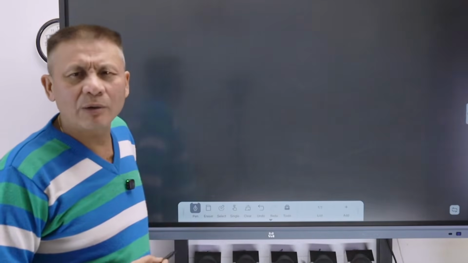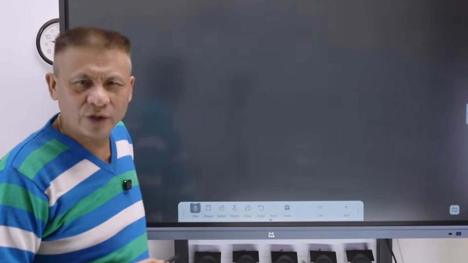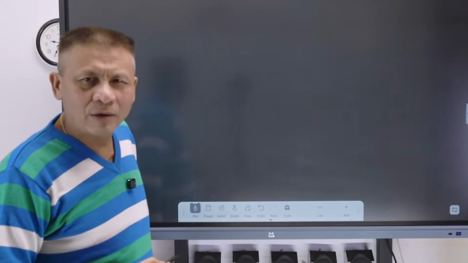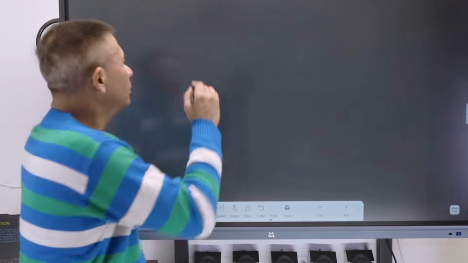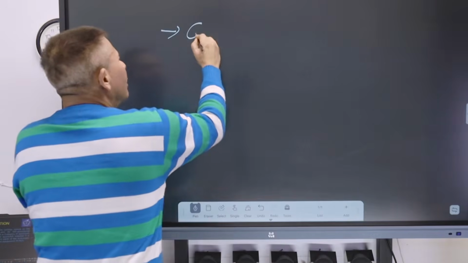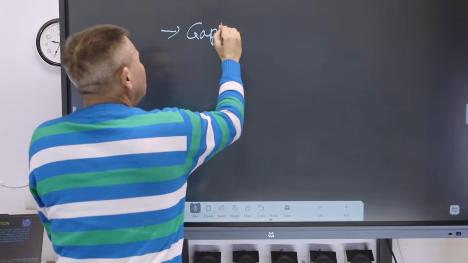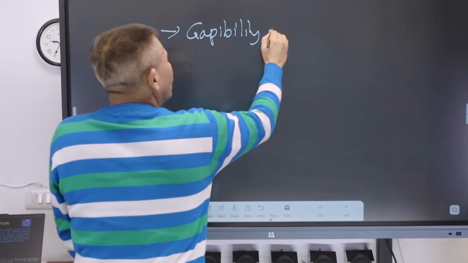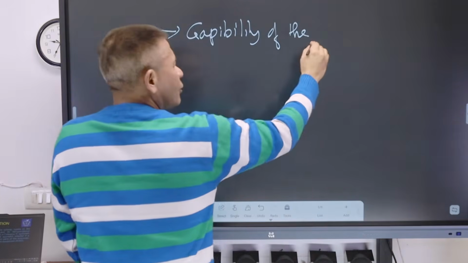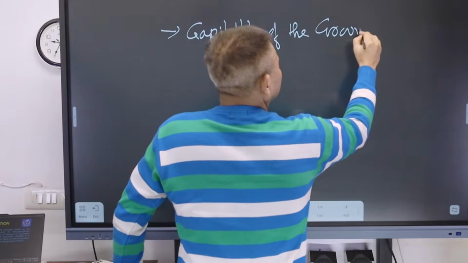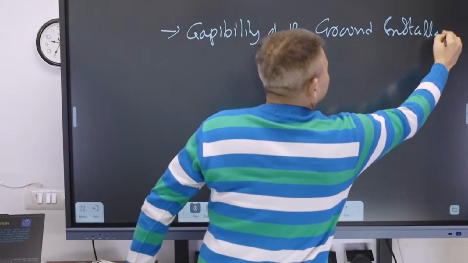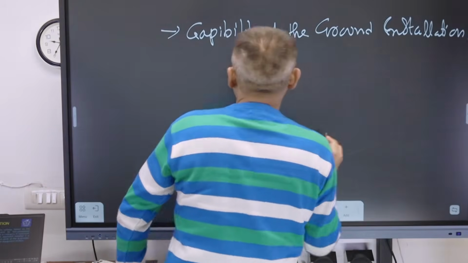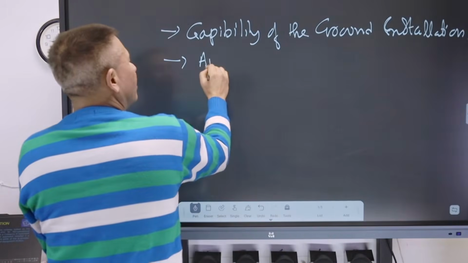That minima which I was talking about, which is published in your Jeppesen chart or any other chart you are using, depends upon the capability of the ground installations, including the approach lighting system.